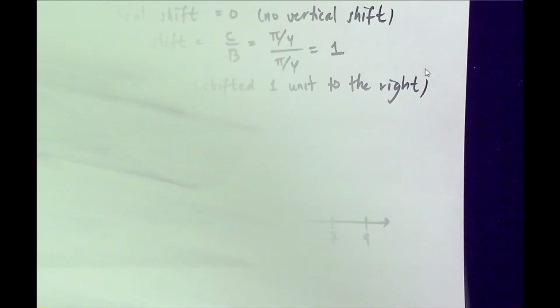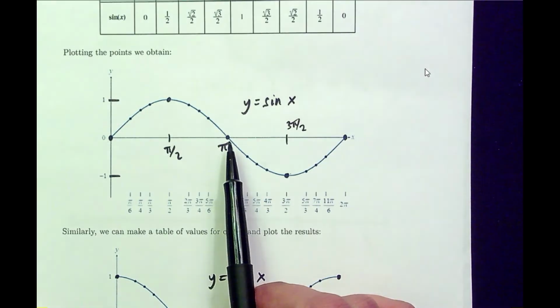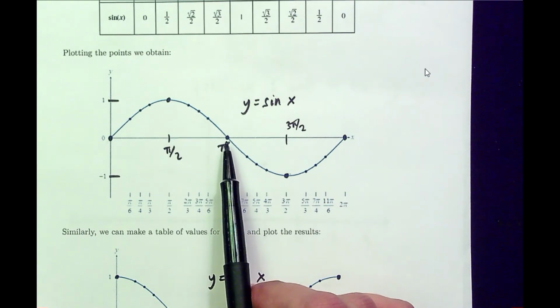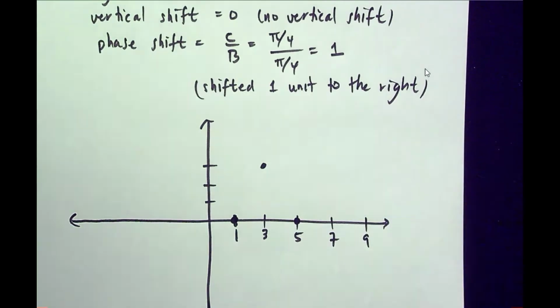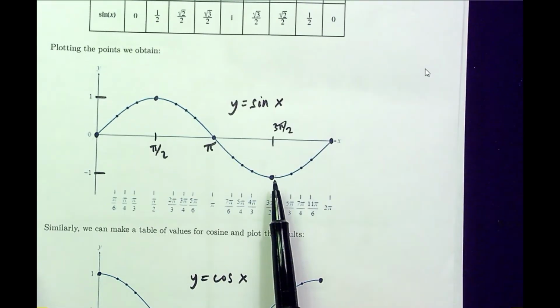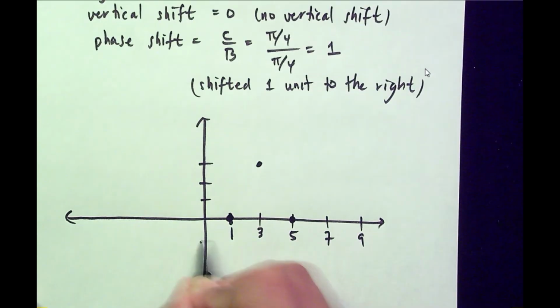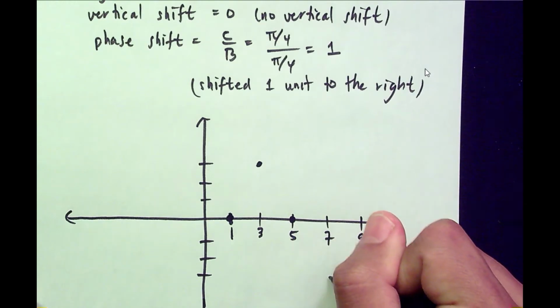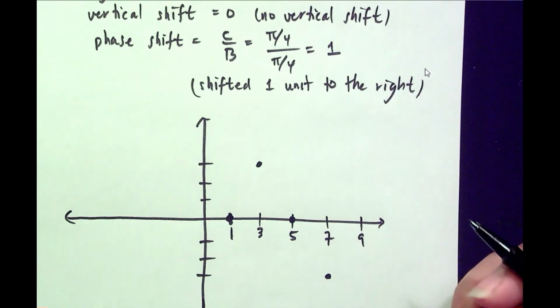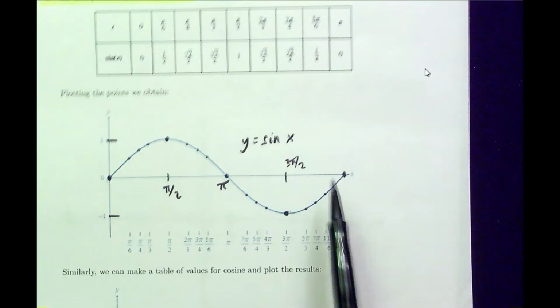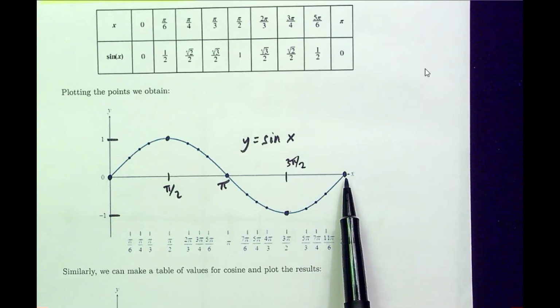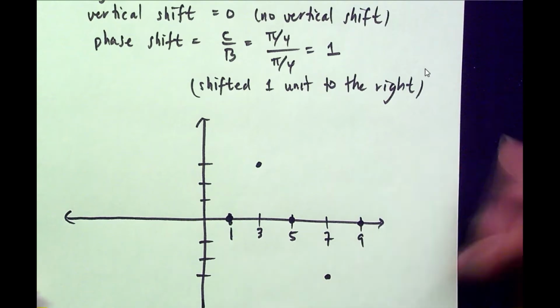Next up, y coordinate 0, times 3 is still 0, plus 0 is still 0. Here the y coordinate is negative 1, times 3 is negative 3, plus 0 is still negative 3. And lastly, the last coordinate, the y coordinate of that is 0, times 3 is 0, plus 0 is still 0. All right, and that's it.